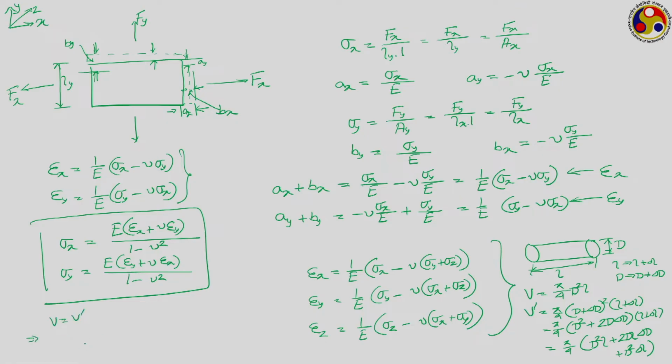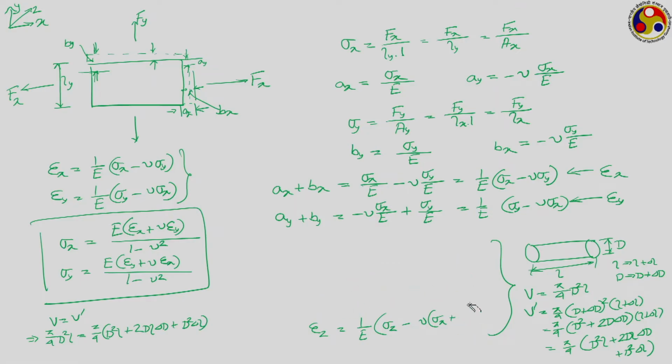So, if we equate these two, then we have pi by 4 d square L on one side is equal to pi by 4 into d square L plus 2 d L delta d plus d square delta L. Let me erase this now, because this part is done, to make some more space for our writing.